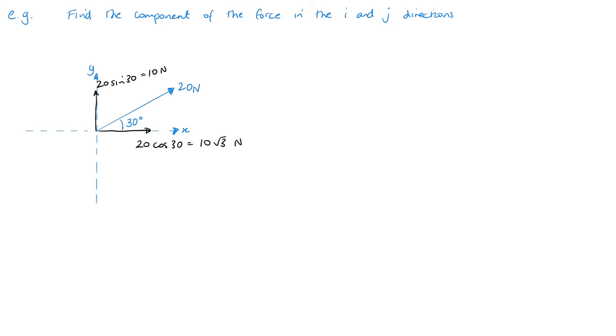So if you're pulling a box, if the box is heavy enough, it won't lift off the ground by that 10 newtons. But if there's no friction, if it's on a smooth surface, it would move to the right. And you can see that's the kind of thing that happens in real life. Okay, so there's that example.